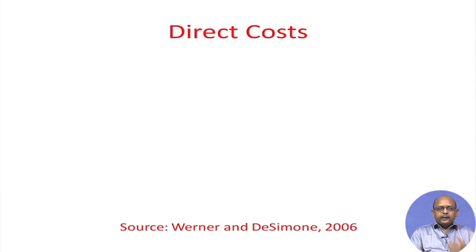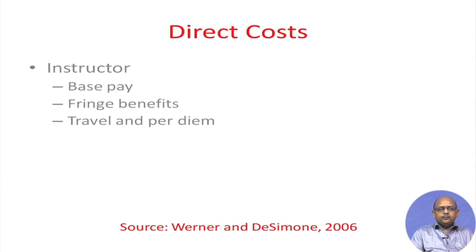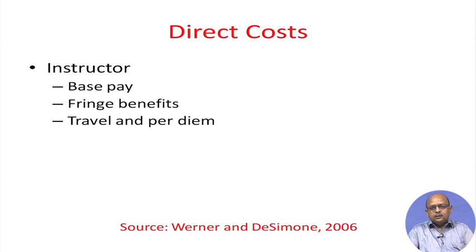So, when I am talking about direct costs, it includes a number of costs, like the costs related to the instructors. In any training program, if you hire people from inside, you give them certain incentives, and if you call them from outside, then all associated costs related to his TA, DA, honorarium and other benefits have to be paid.